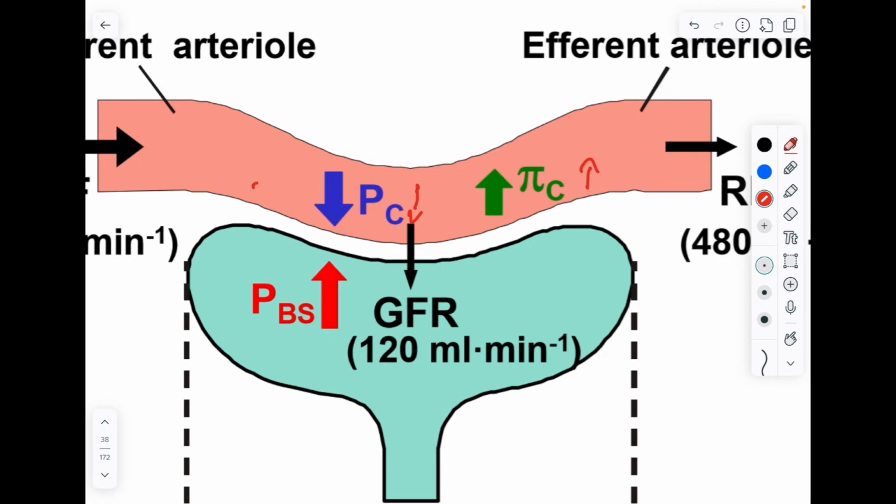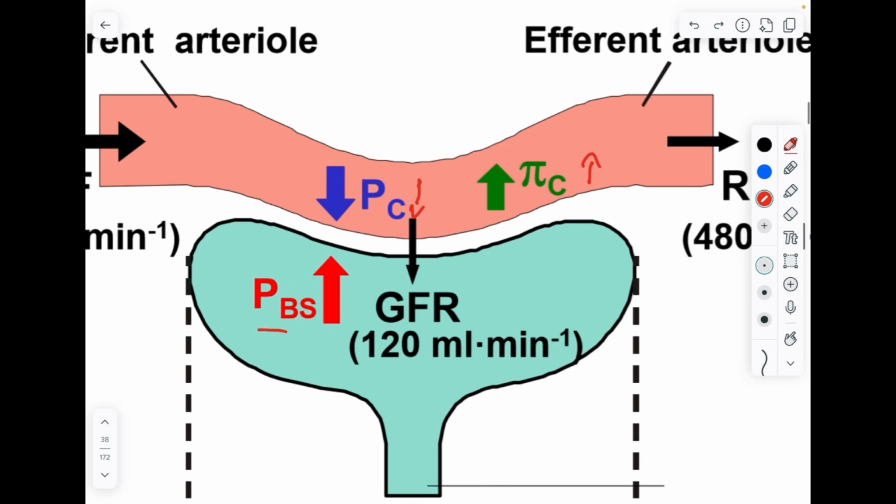So we have these two in the blood, and since in the Bowman space we have urine that's being filtered, we also have a hydrostatic pressure, but we do not have colloid osmotic pressure of the Bowman space. Why? Because we have no proteins here.